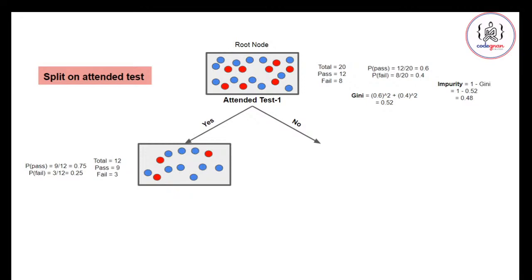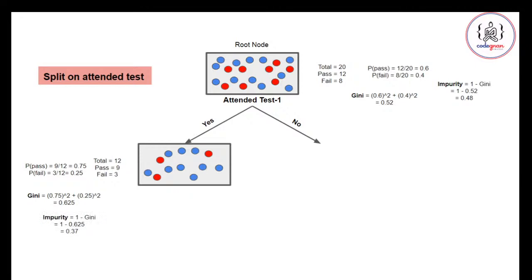And here again let's calculate the Gini. Gini is 0.75 square plus 0.25 square, which comes out to be 0.625. Now that we have calculated the Gini for the left subnode, you can easily find the impurity at this left subnode.